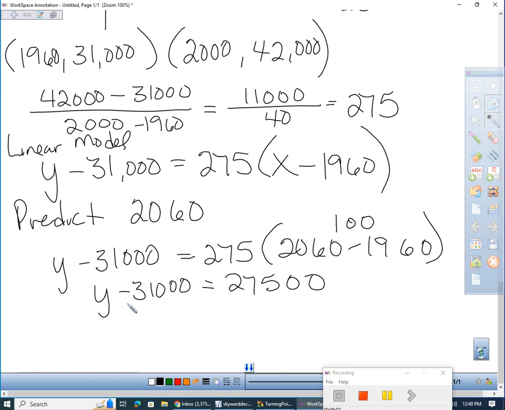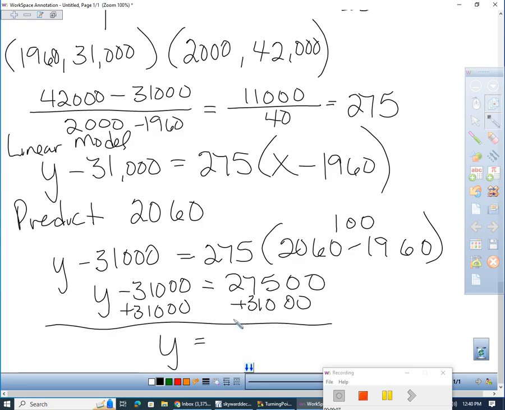And then I'm going to add my 31,000 to the other side. So I get y equals 58,500. Did I add that right in my head? I've had a long weekend. You guys check it. Now I'm going to hope that we make more money than that by then. But, all right, so that's a linear model.